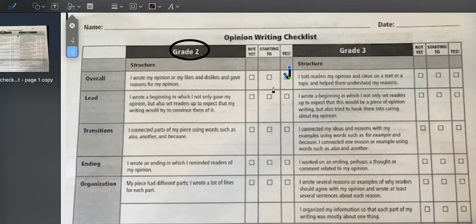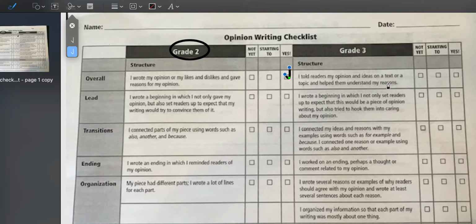Then what you want to do is slide on over to the grade 3 column. And you want to ask yourself, did I tell my readers my opinion and ideas on a text or a topic and help them understand my reasons? So you remember when Miss Winters did the frog and toad writing last week?